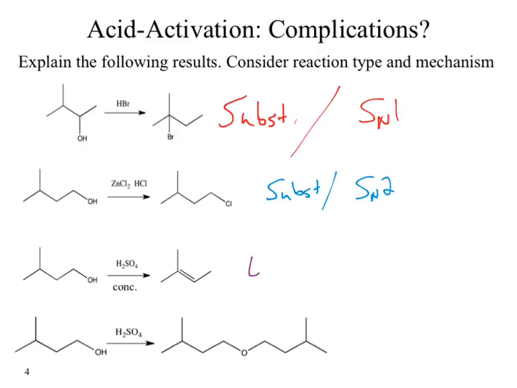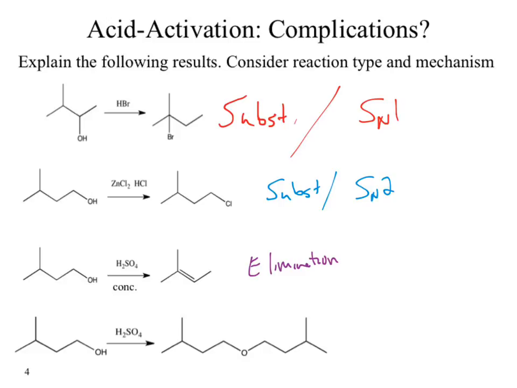How do you know it's an elimination? Formation of a double bond. Look for the patterns that help you jump to that conclusion. Now the question becomes, which mechanism, SN1 or SN2? E1. Valid. E1 or E2? E2.